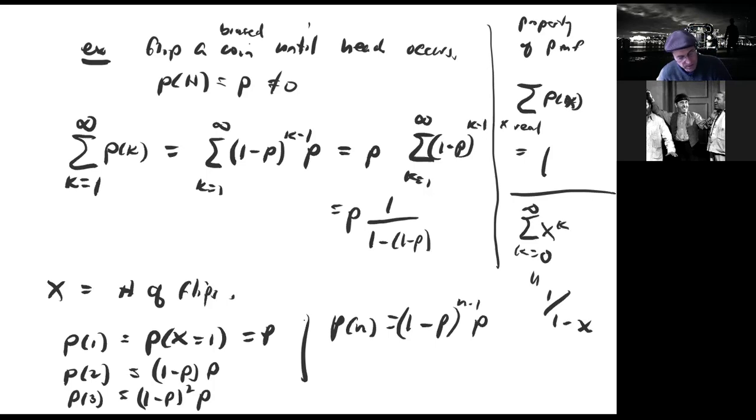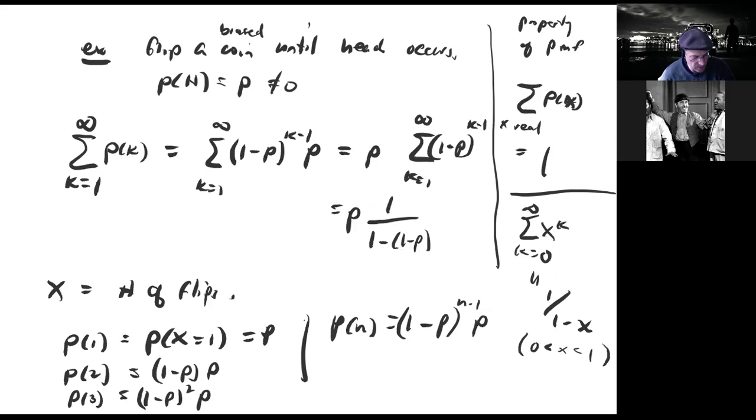By the way, this is only true if x is less than 1, but we know that since P is not 0, the x in this case, 1 minus P, is never 1. So this statement is true if x is between 0 and 1, let's say.